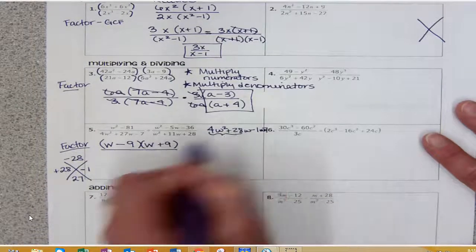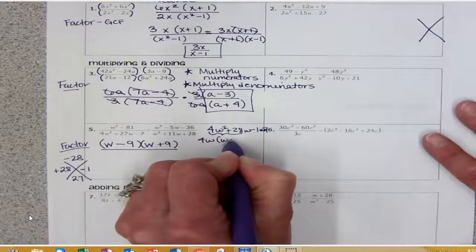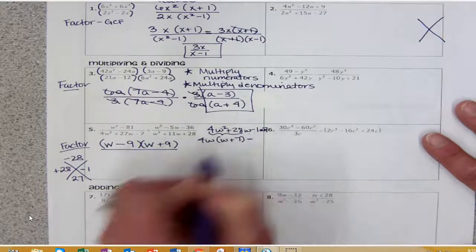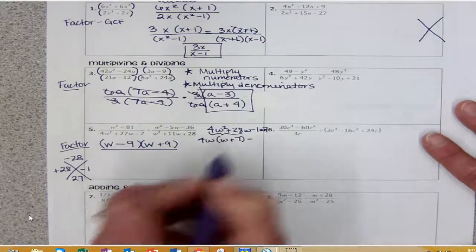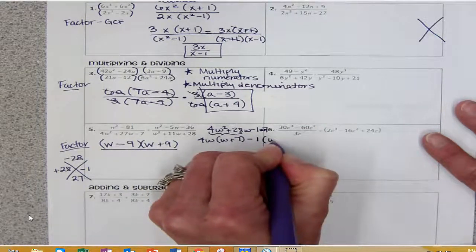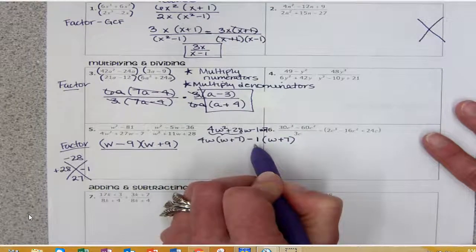When I group these, I can factor out a 4w, and I'm left with w plus 7. I bring down that negative sign, and when I factor out a 1, I'm left with w plus 7, because I factored out a negative 1.